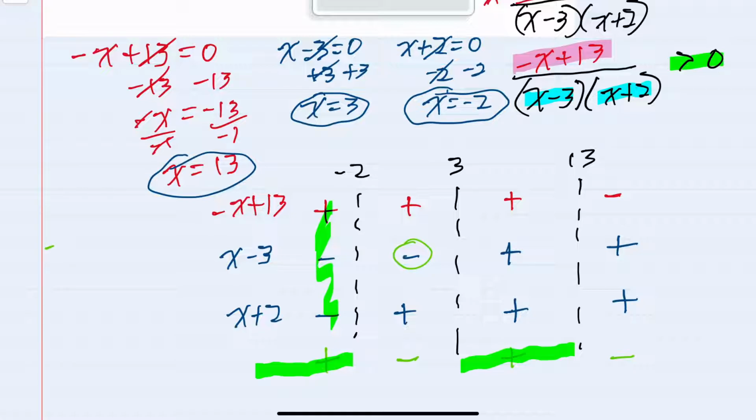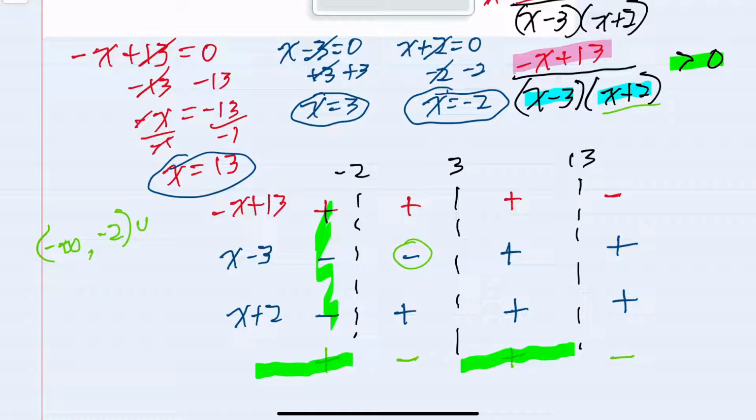This is negative infinity, non-inclusive, to negative 2. Now, negative 2 is non-inclusive for two reasons. First, there's no equals underneath our inequality. And even if there were, negative 2 would give me a 0 in the denominator. So I would want to exclude it either way.